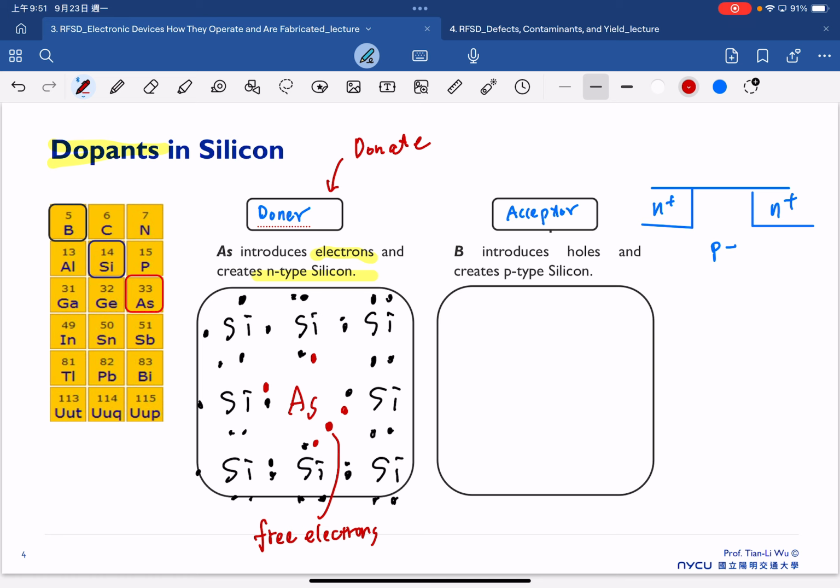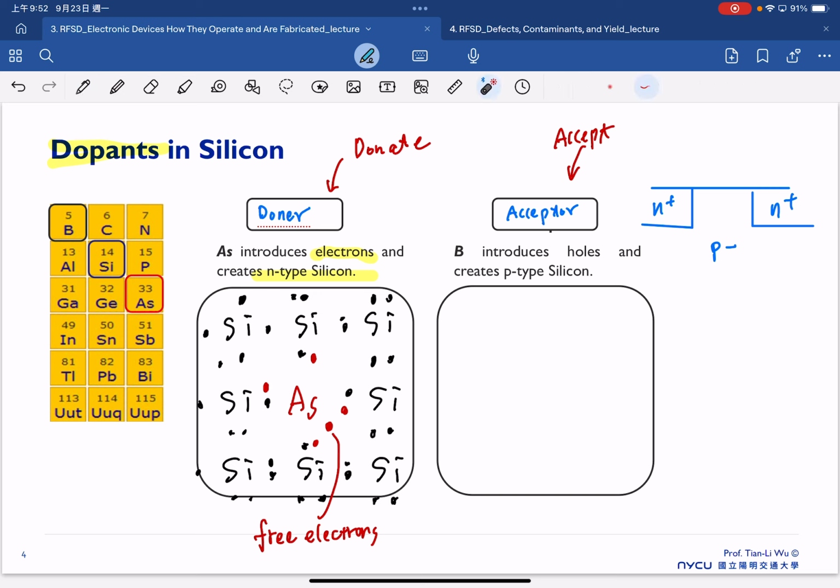That's why we call this a donor. On the other hand, we have another type of material that we call the acceptor. Acceptor is a word coming from accept. Accept means that you accept something from somebody else. So that's what we call the acceptor.